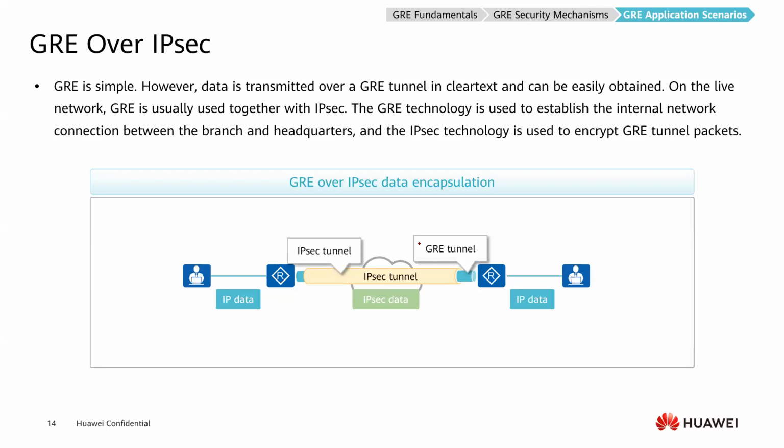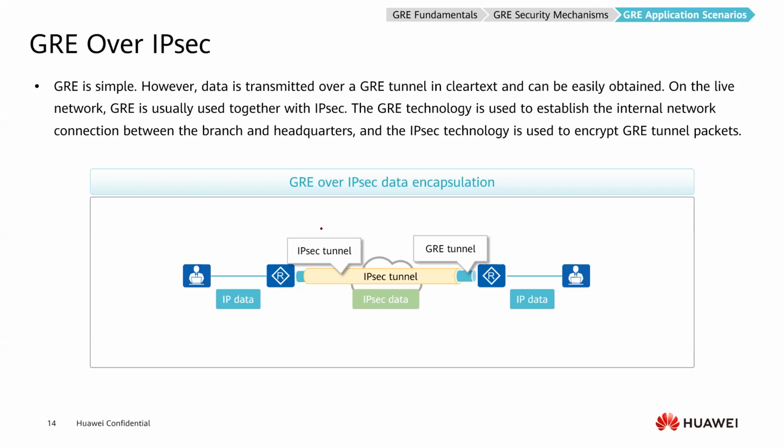Another using scenario is GRE over IPsec, which is widely used in real networks. GRE can forward multicast packets, but GRE itself does not have any security feature, no encapsulation or encryption feature, so we need another technology, IPsec.